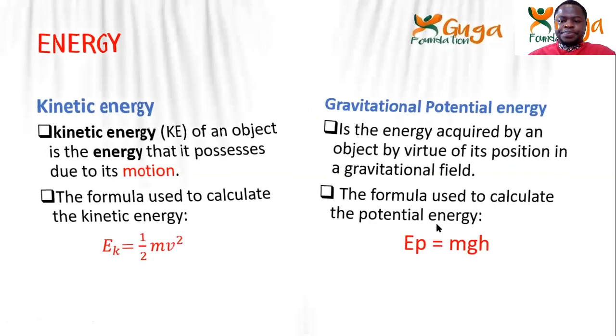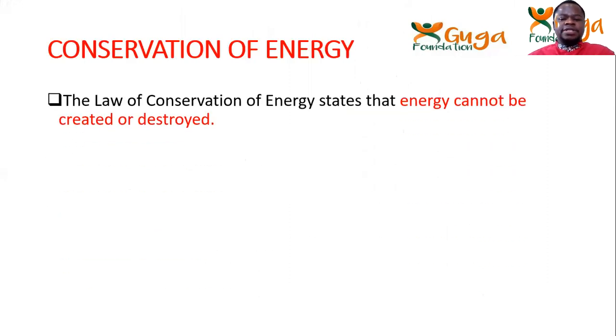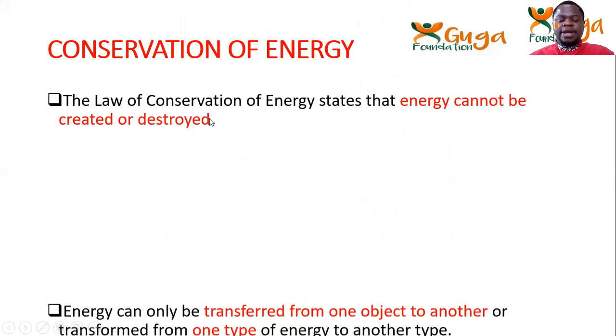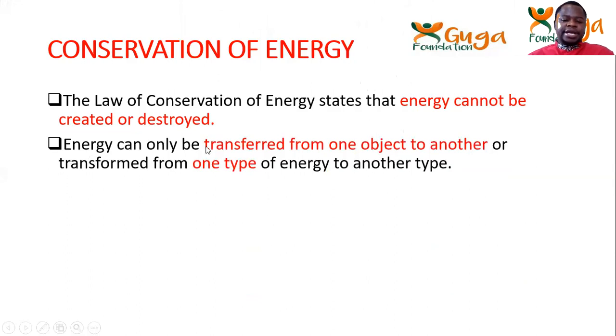Now, let's proceed. Conservation of energy. The law of conservation of energy states that energy cannot be created or destroyed, but can only be transferred from one object to another, or transformed from one type of energy to another.